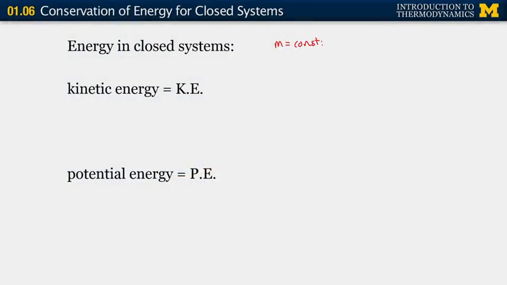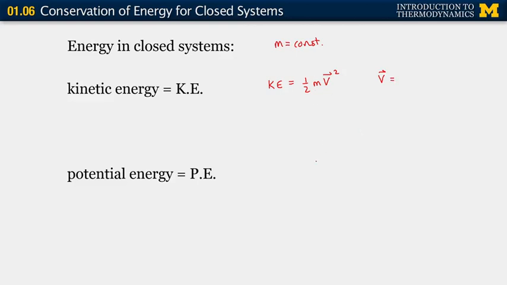We know the system is capable of having kinetic energy, so we have the classic expression for kinetic energy, 1/2 the mass times the velocity squared. And I just want to let you know that thermodynamics has lots of different V's. We've already seen one, the specific volume, which is a lowercase v.